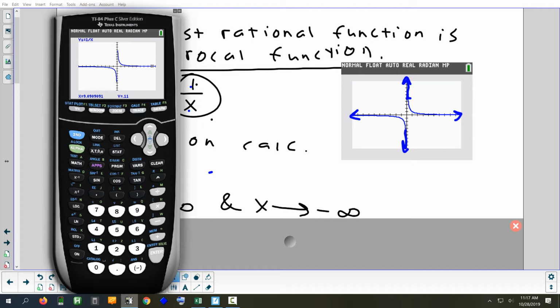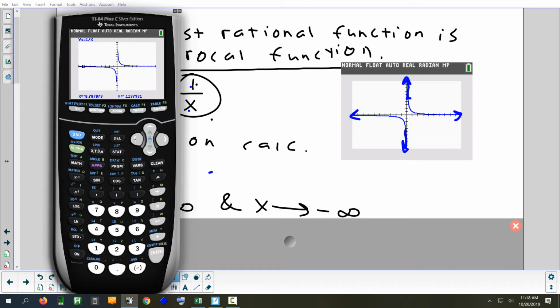Now, let's look at it the other way. What happens as you head further and further to the left? Wait for it to jump over to the next section. What's happening to my y value as I head further and further left? Yeah. Getting bigger. And what's it approaching? 0. It's also approaching 0.